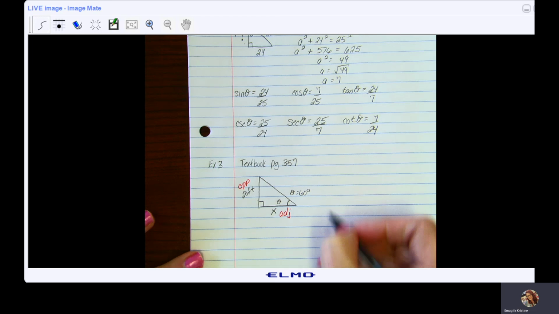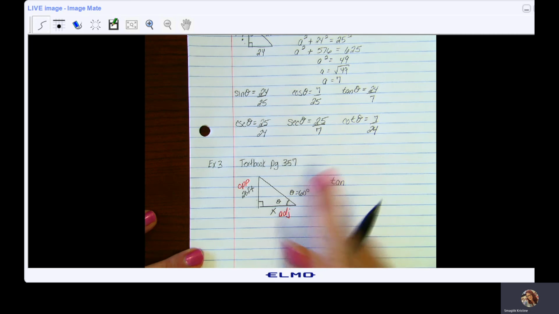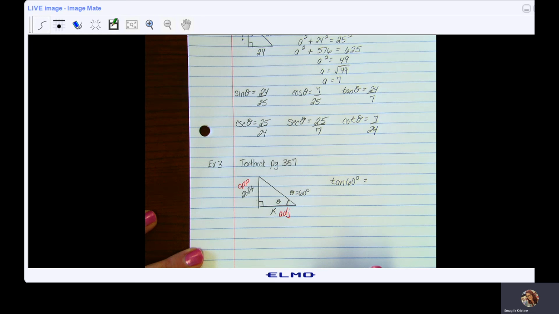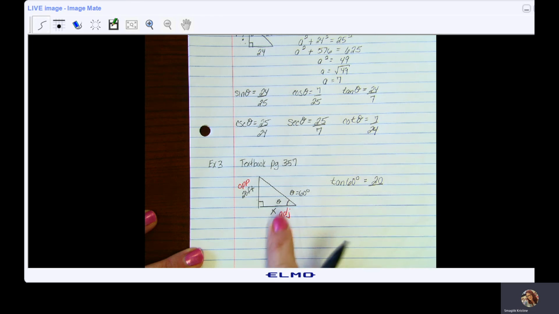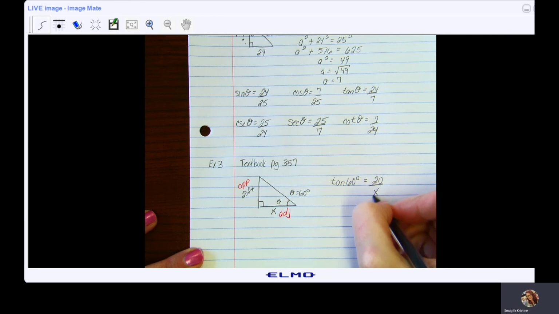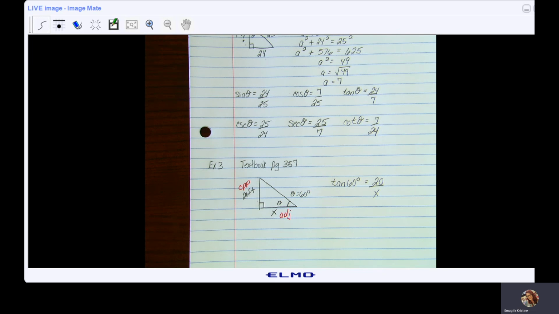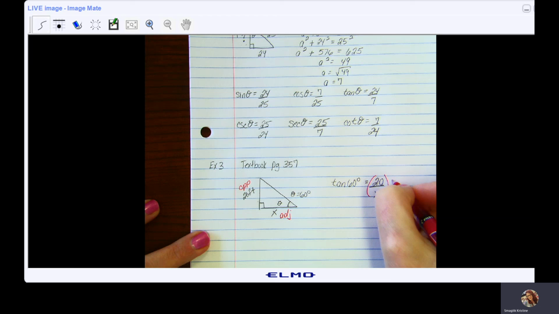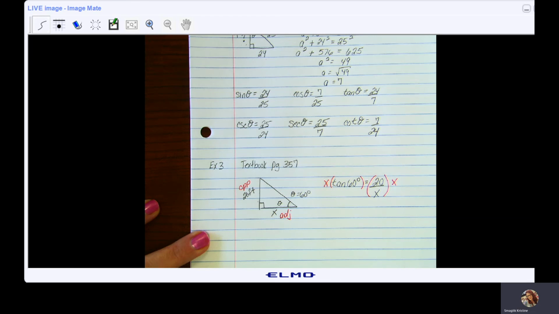So that means I can write this as tangent theta, which is 60 degrees, equals opposite 20 over, I don't know, the unknown. And so now I have to solve for x. So to get x out of the denominator, opposite of division is multiplication. So we're going to multiply both sides by x.